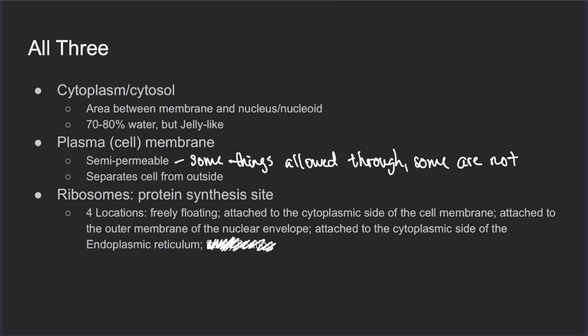The one place where you won't find them, notice this, is inside the nucleus. So even though you could say prokaryotes don't have a nucleus, in eukaryotes, you won't see them inside the nucleus.